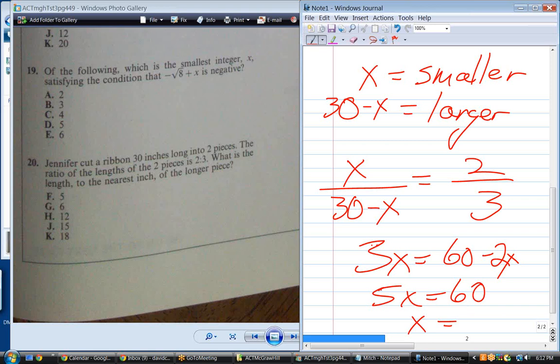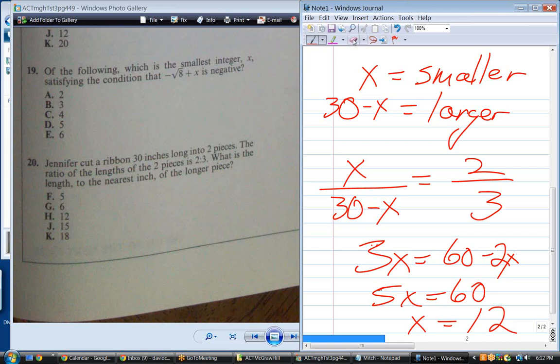You should memorize. Yeah, right. How many hours are there in a day? 12. So what's the length of the longer piece? 18. Right.